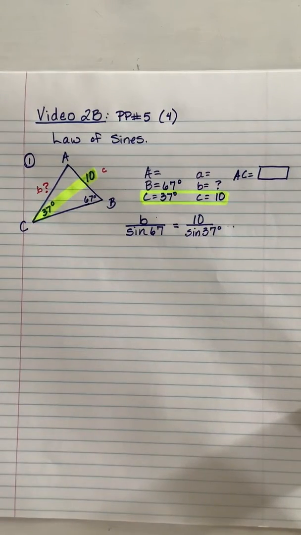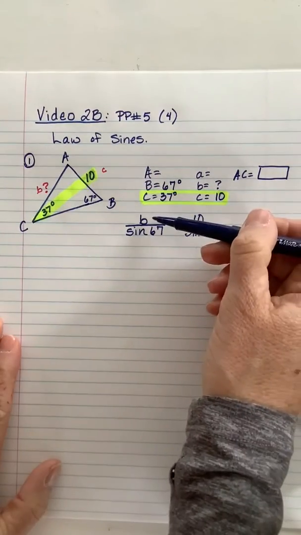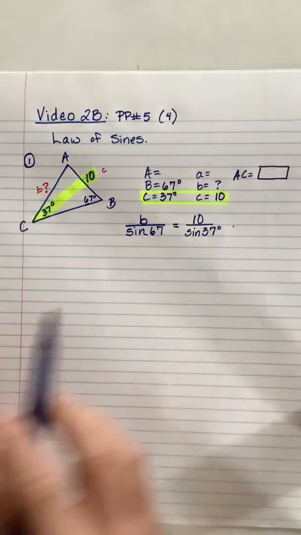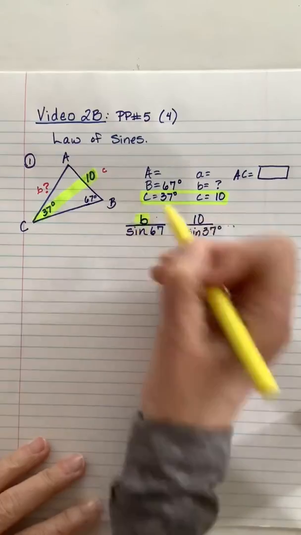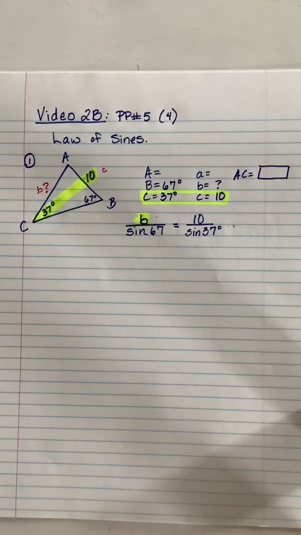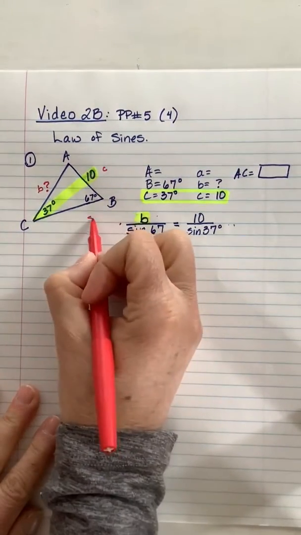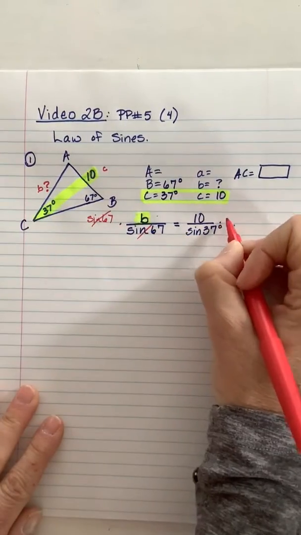Remember, this is coming from the law of sines, which said side divided by sine of the angle is equal to side divided by sine of the angle. So this is the easier one, where our unknown is little b, which means we need to undo dividing by sine of 67. So I'm going to multiply both sides by sine of 67.